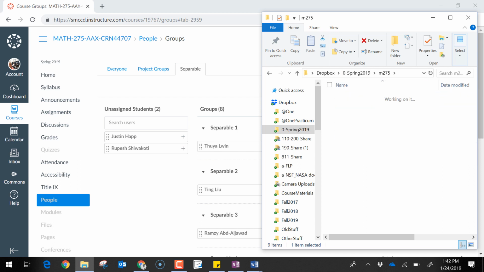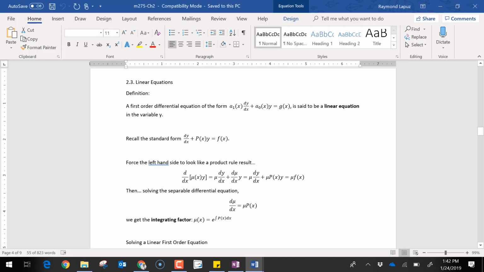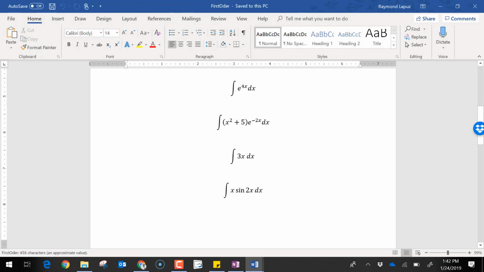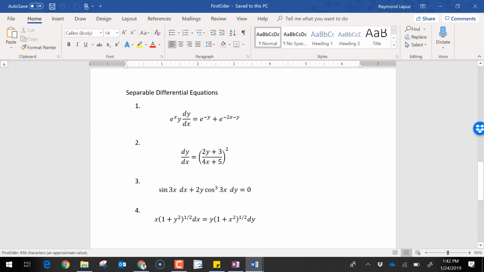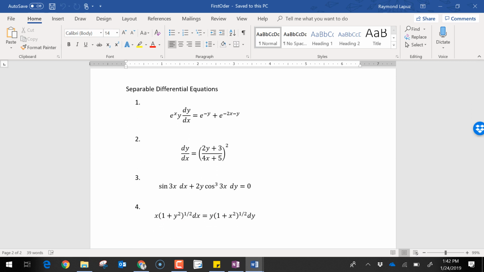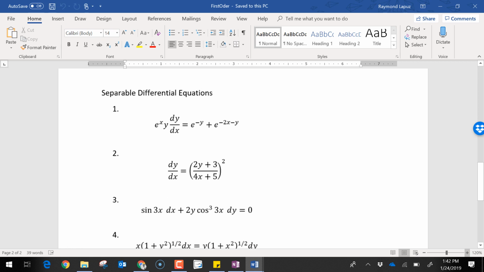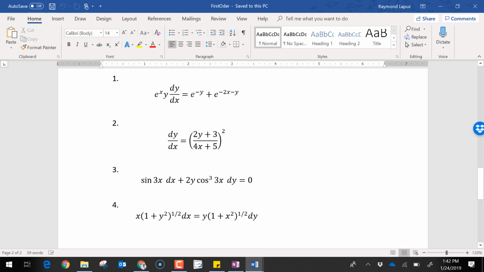Here are the problems that you guys are going to work on. So we're doing separable differential equations. Get together with your groups, do one of these problems, and then I think we'll have time to do 2 of the problems. So just make sure you're able to do 1. And then you guys can start the next problem down if you finish.